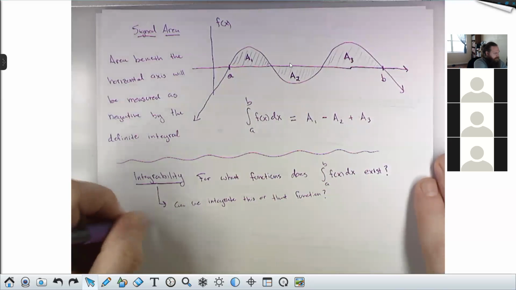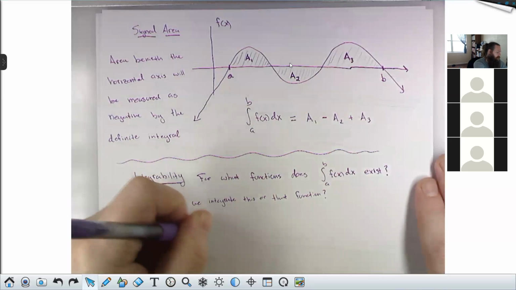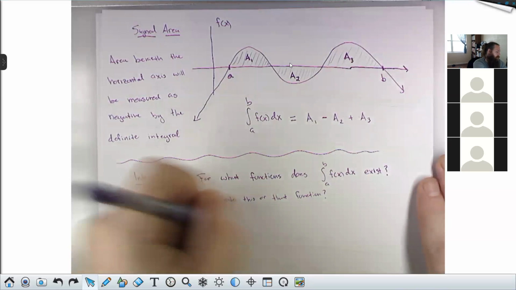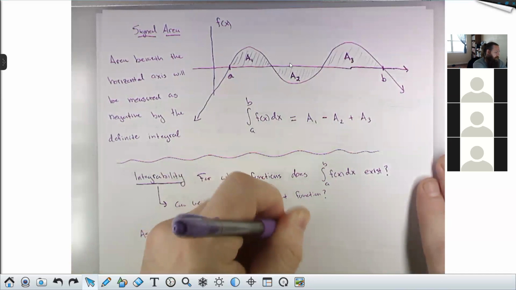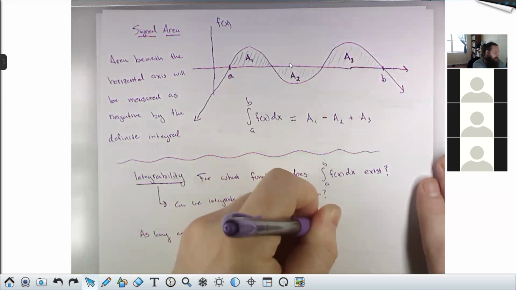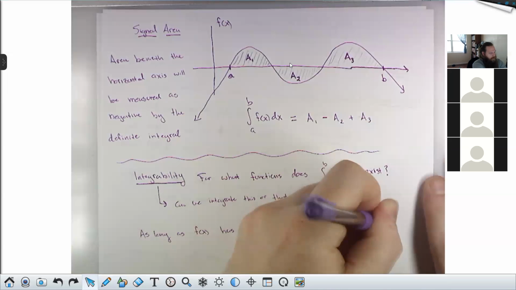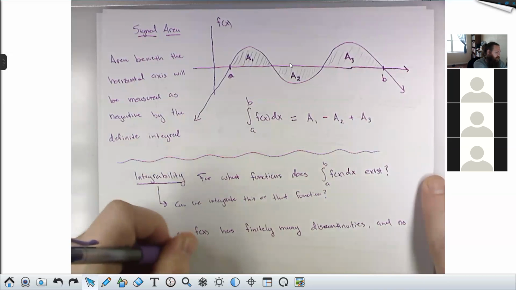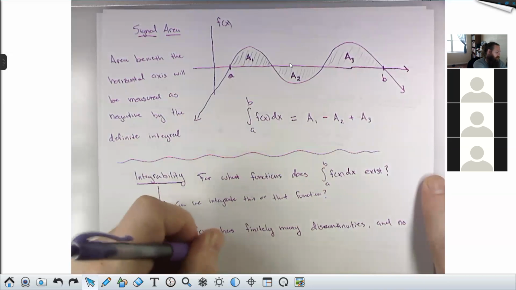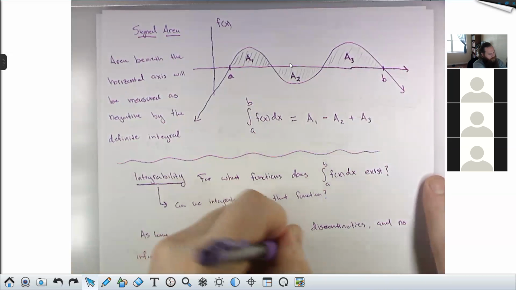So here's the result. As long as f of x has finitely many discontinuities and no infinite discontinuities, and I mean different things by this, then f of x is integrable.